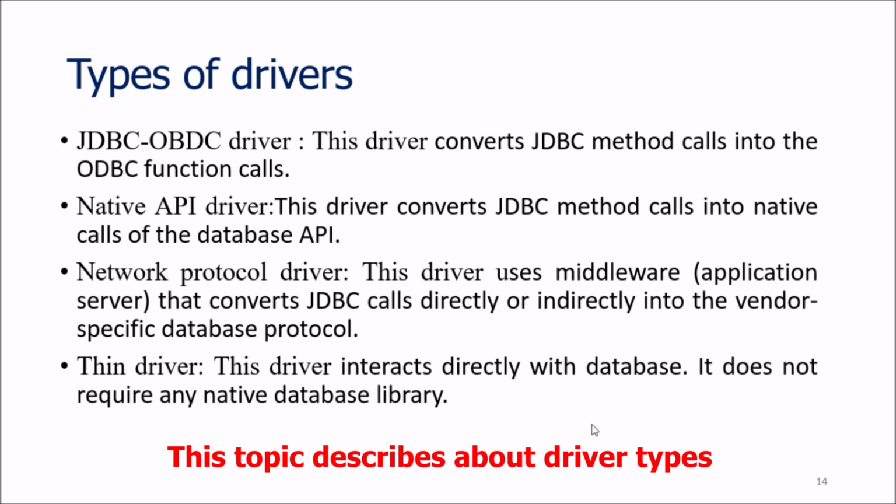This kind of conversion is not done in network protocol driver, but the thing is it uses the middleware to convert all the JDBC calls in order to get information from the database.